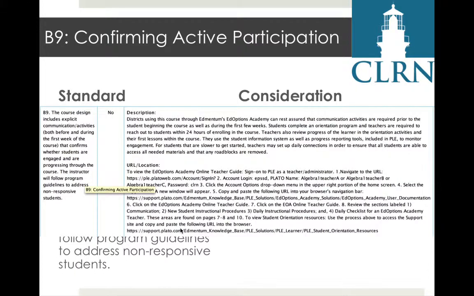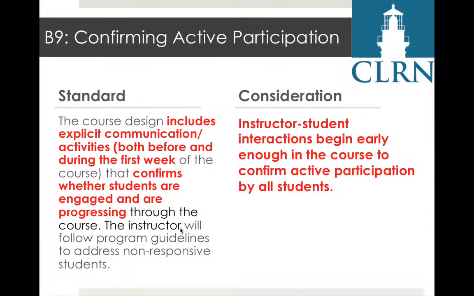Publishers provide both the description and the URL or location where we can verify these activities. The consideration simply expects that instructor-student interactions begin early enough in the course to confirm active participation by students. To CLearn, early enough means the first week of the course.